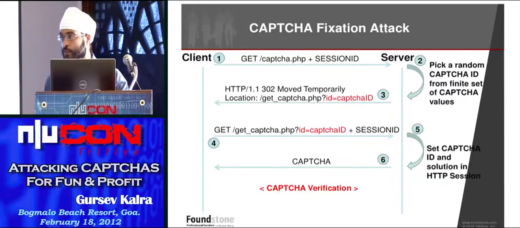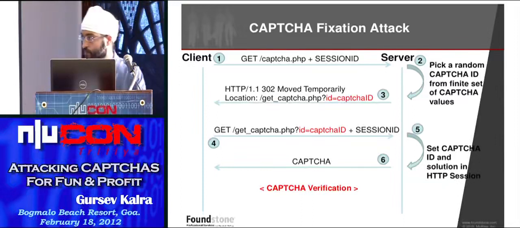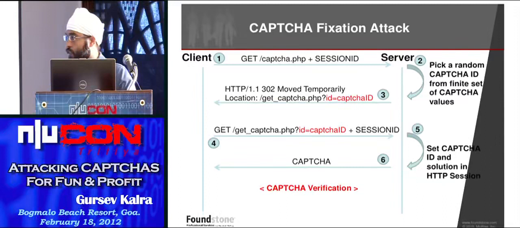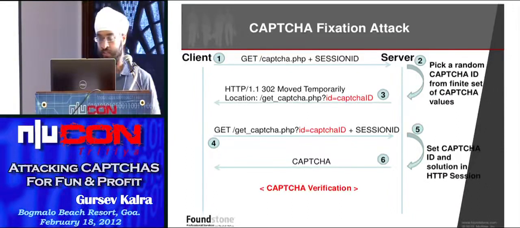So you solve one CAPTCHA and then you have tons of successful requests going on. On the server side, there is no association between the session ID and the identifier itself. Sometimes they do maintain it, but most of the time, whenever they send identifiers, I saw that they are not relying on session at all. They just use this identifier to retrieve the CAPTCHA from the database or whatever their storage is.